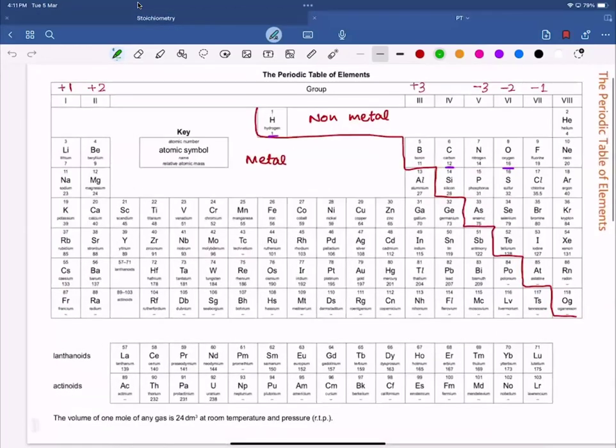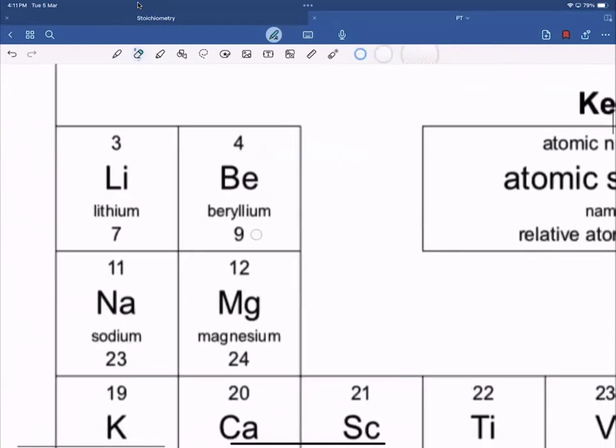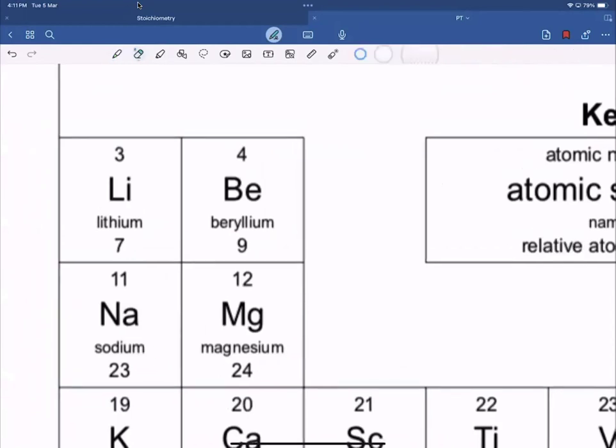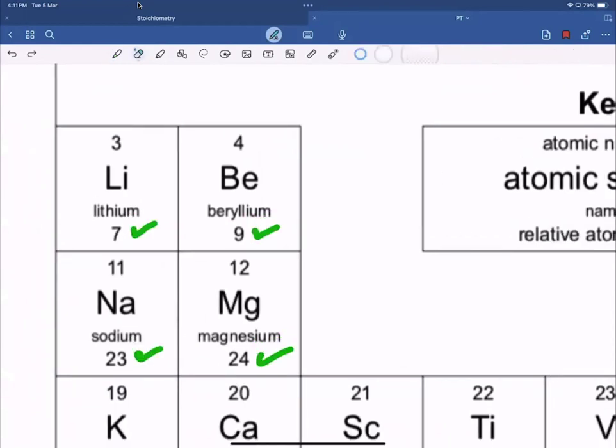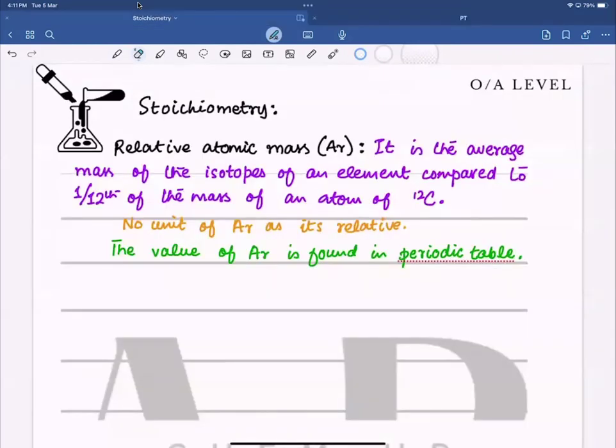See, if you look at the periodic table, here you will find the key. And in this key, it is mentioned that the last value is the relative atomic mass or AR. So in each box of element, like here, for beryllium, it's 9. For lithium, the relative atomic mass or AR is 7. For sodium, it's 23. For magnesium, it's 24. Is this understandable? Okay.